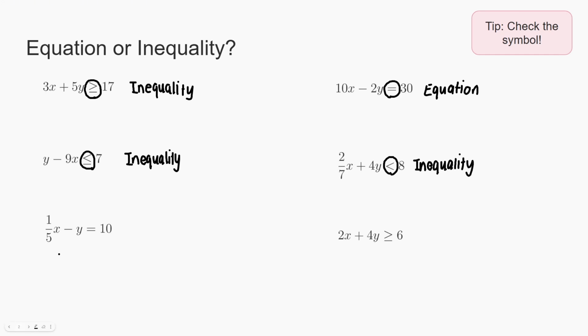Here we have 1/5 x minus y equals 10. We have the equal sign, so we know that's an equation. And lastly, we have 2x plus 4y is greater than or equal to 6. We have greater than or equal to, and we know that's an inequality.